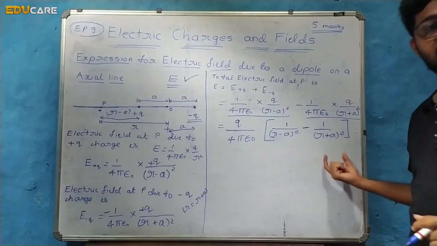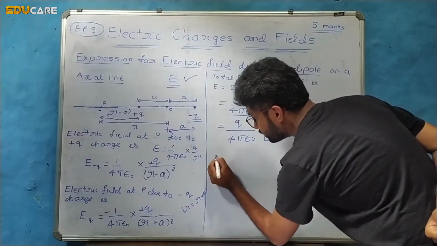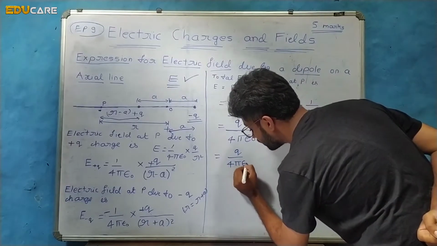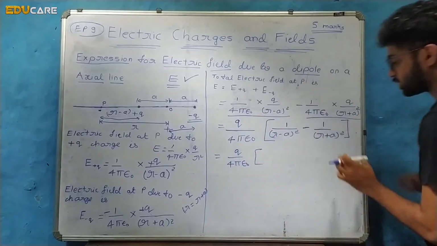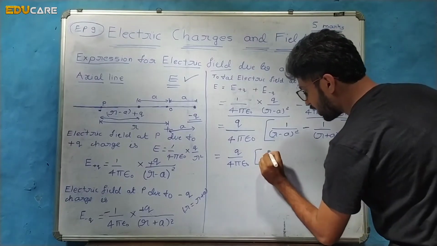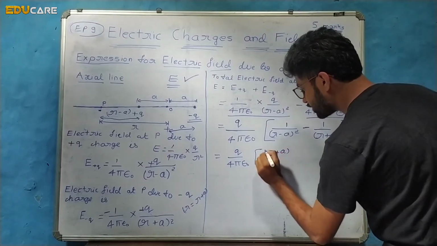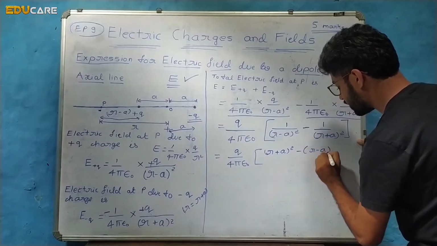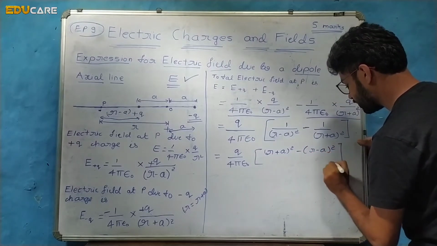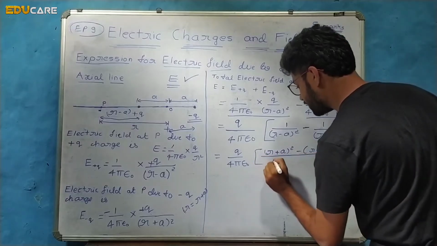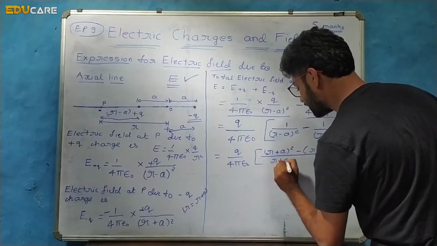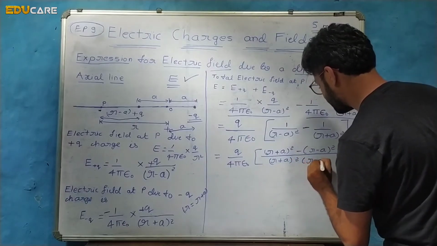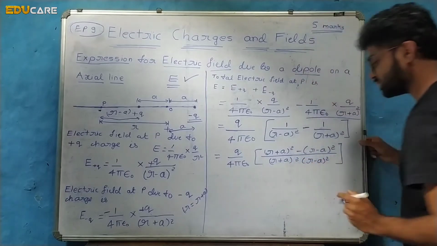Now take the LCM of this and do the next calculation, which is also simple. 1 upon 4 pi epsilon naught into R plus A square minus R minus A square divided by R plus A square into R minus A square.